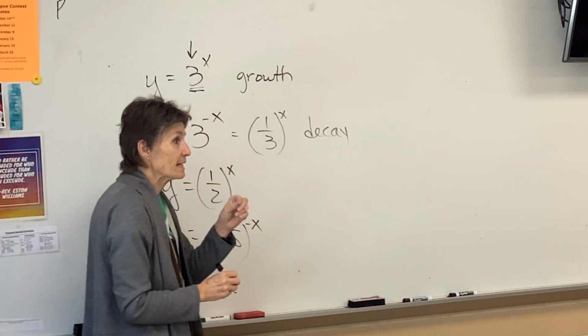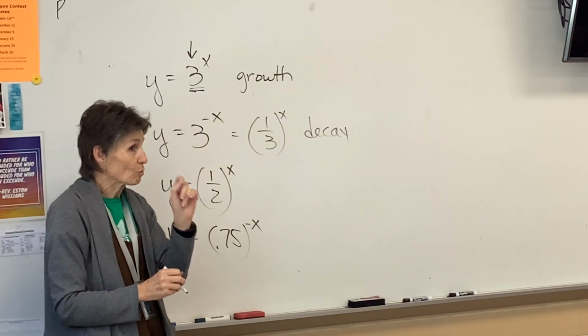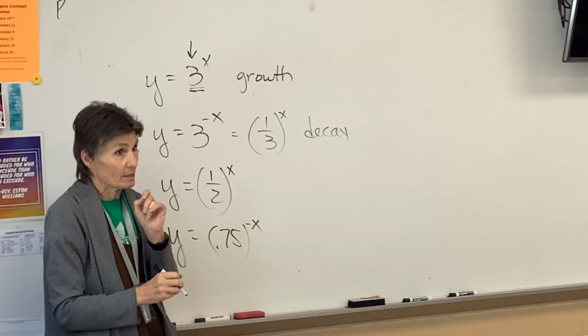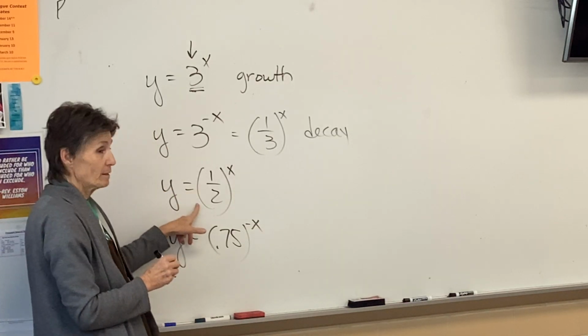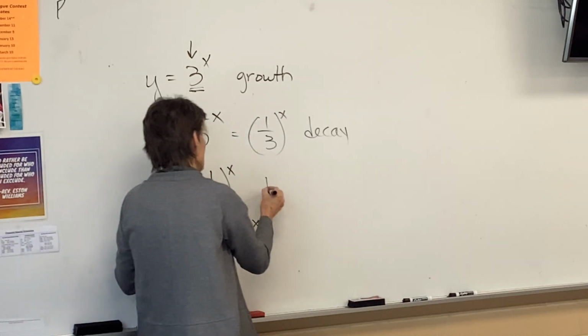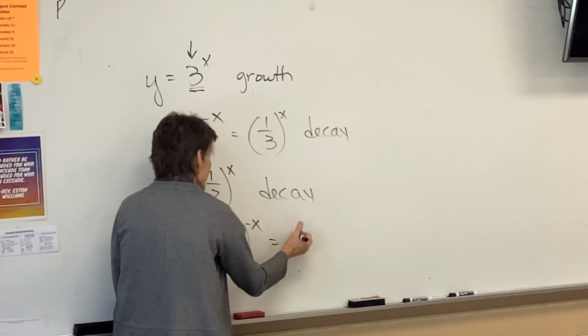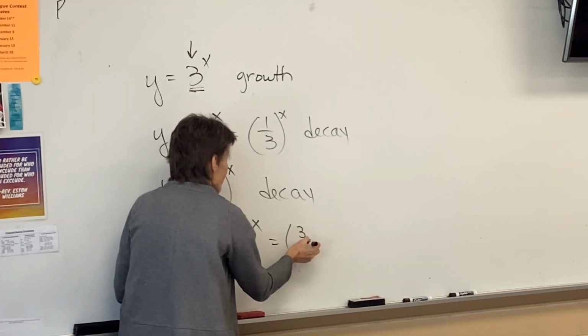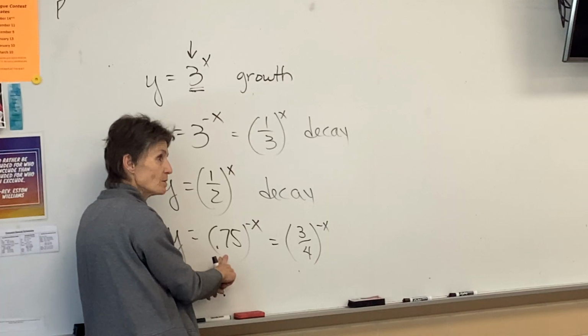A negative exponent puts you 1 over. So it isn't 3, it's 1/3. What's this one? That one's easy. Now, this one is tricky. That's 3/4. Right, 0.75 is 3/4.